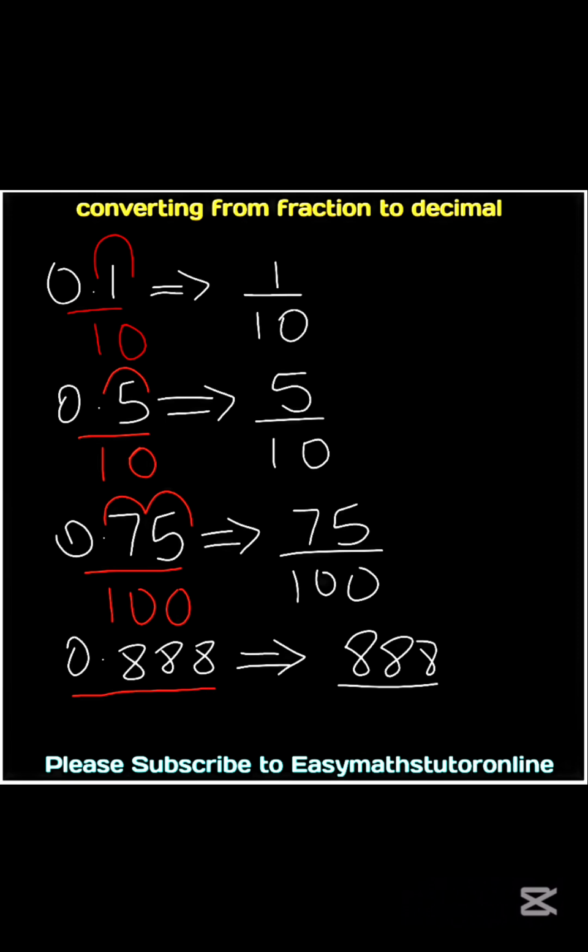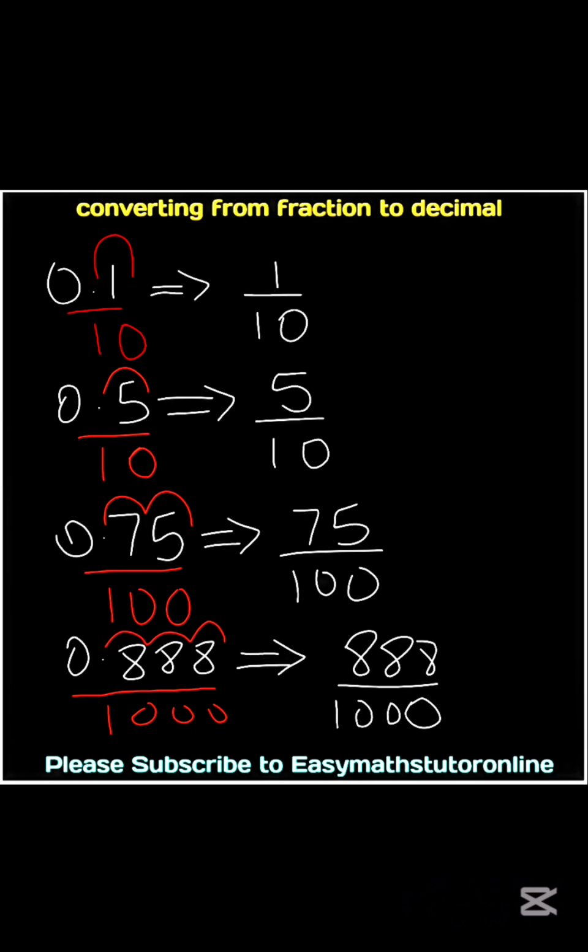The decimal will be 1, and then we will have 3 zeros: 1, 2, 3, because of 3 decimal places. So the fraction will be 888 all over 1000. This is simply how we convert from decimal to fraction.